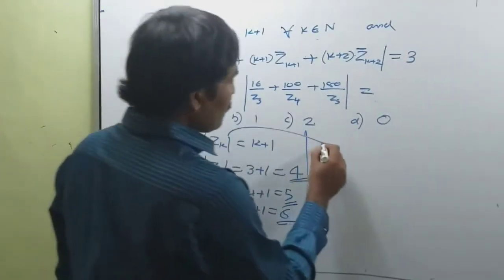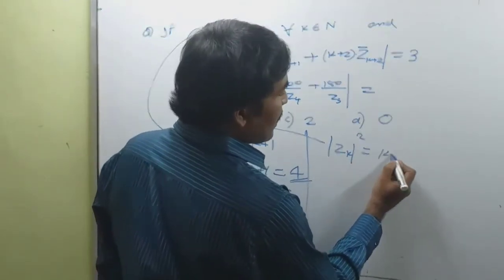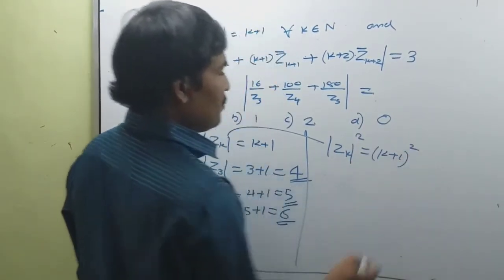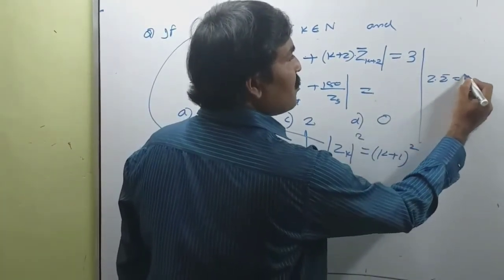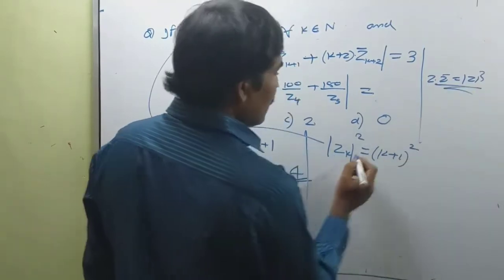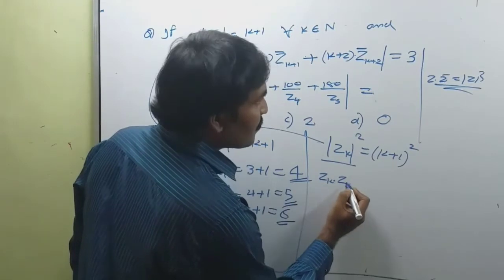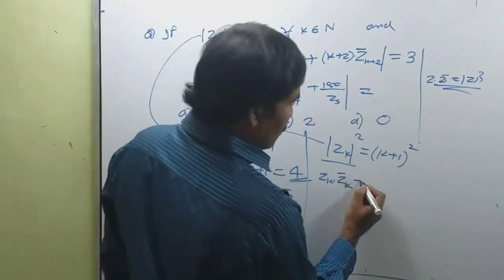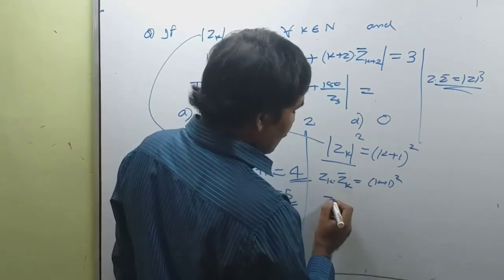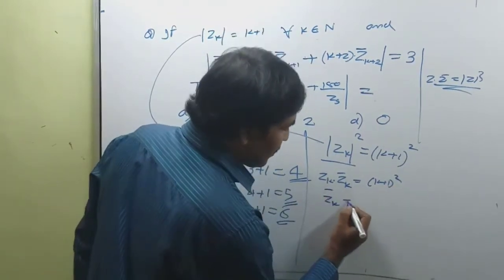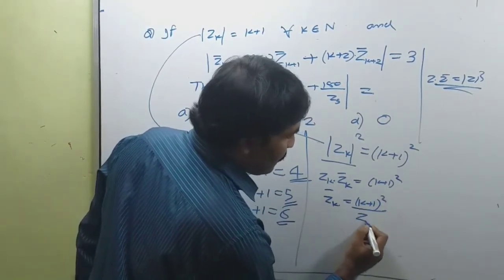These are mod Zk, the square is equal to k plus 1 the square. And we know that z into z bar is equal to mod z square. So we can write this as zk into zk bar conjugate is equal to k plus 1 the square, or zk conjugate can be written as k plus 1 the square divided by zk.